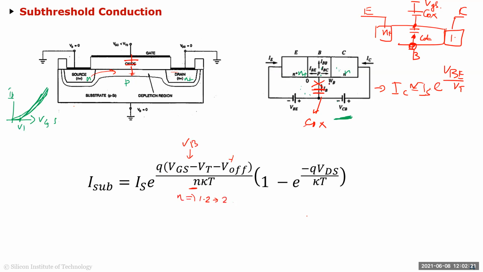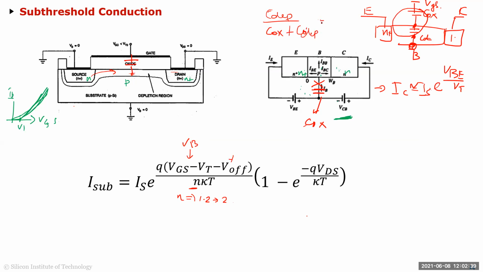In a lot of books you'll find it is actually the voltage division of this capacitor, Cox in series with C depletion. So essentially you'll see C depletion times Cox over C depletion.